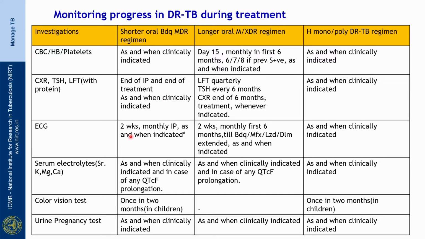ECG at the end of 2 weeks, then monthly in the IP, since it is a BDQ containing regimen, that is 4 to 6 months, or as and when indicated. Serum electrolytes whenever clinically indicated, especially if there is QTc prolongation. Color vision test once in 2 months, especially in children, and urine pregnancy test as and when indicated.